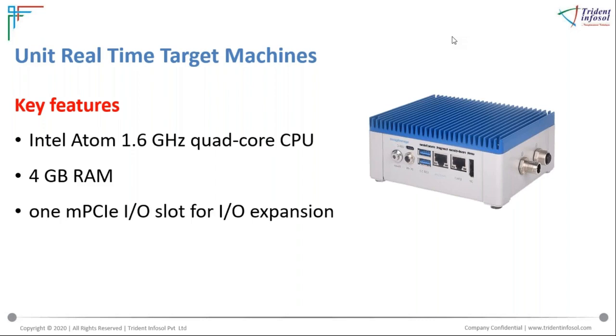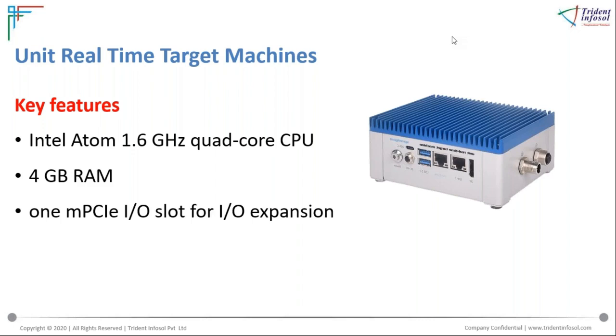With the help of one IO slot, you can have multiple functionalities like analog, digital, or even some of the motor control signals like PWM generation or PWM capturing, and also encoder feedbacks. Coming to the communication protocols supported for the Unit real-time target machine, we have automotive protocols like CAN, CAN-FD, LIN, and also customized protocols like SPI and I2C.